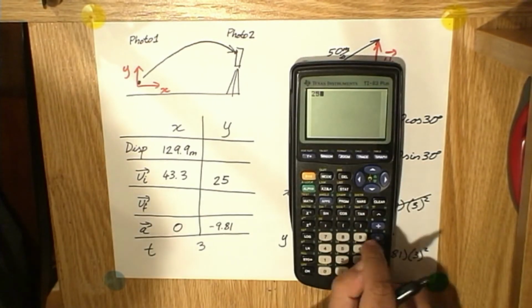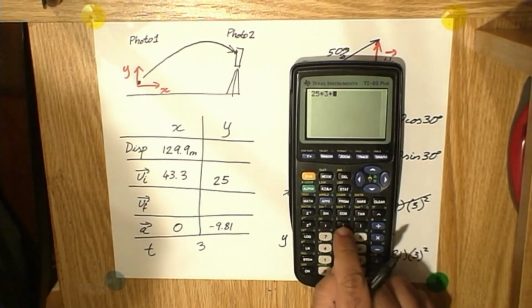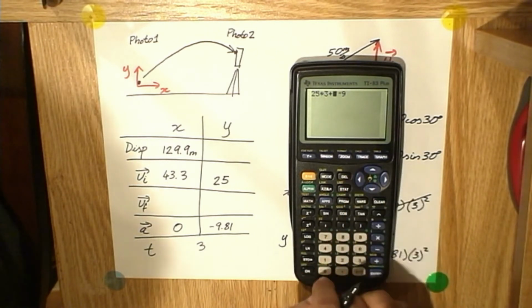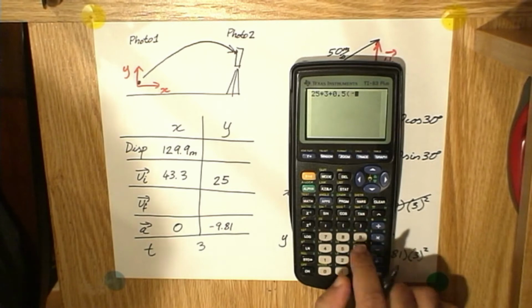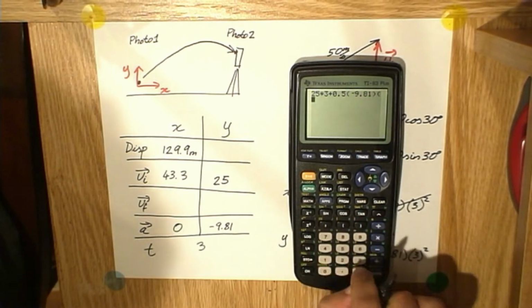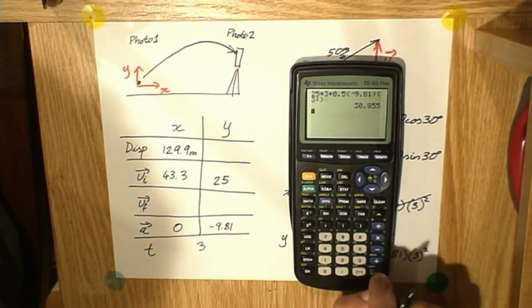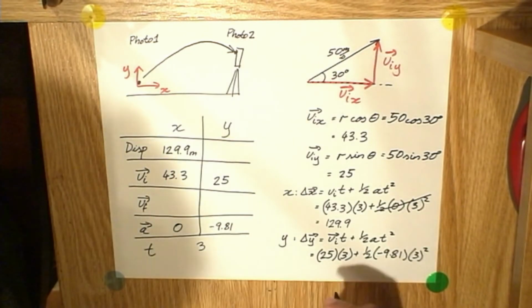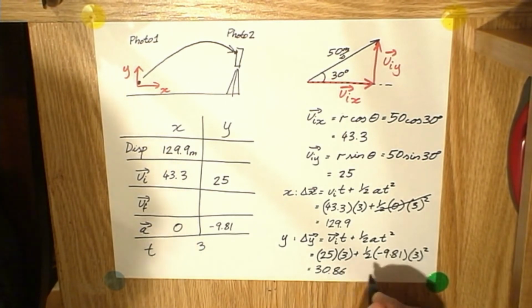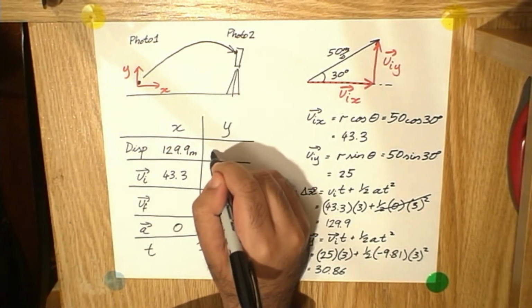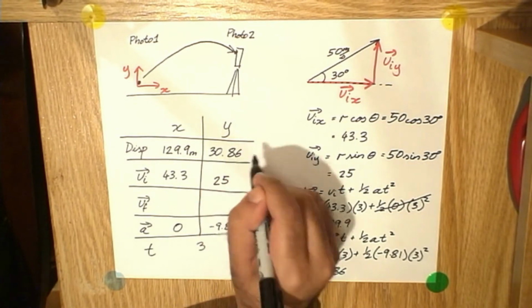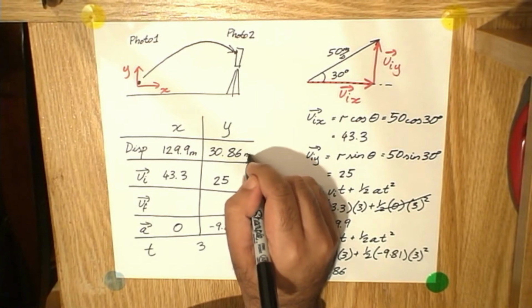So 25 times 3 plus 0.5 times negative 9.81 times 3 squared is 30.85, or let's call it 30.86. So the displacement in y is 30.86 j hat meters.